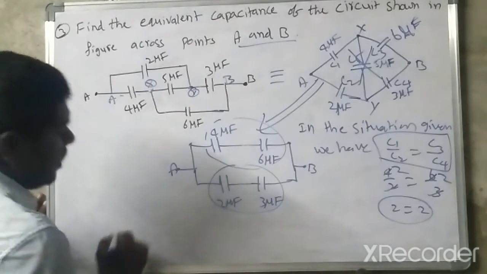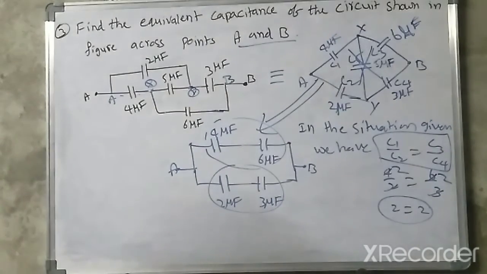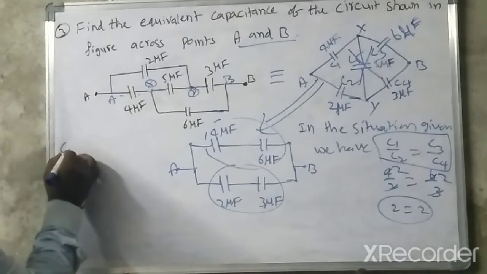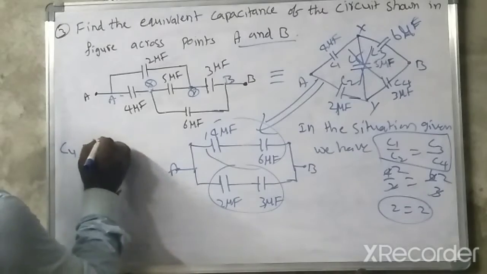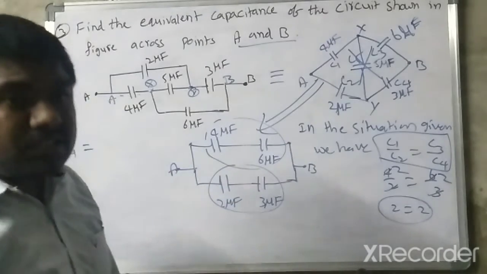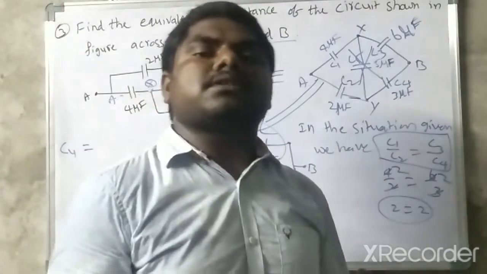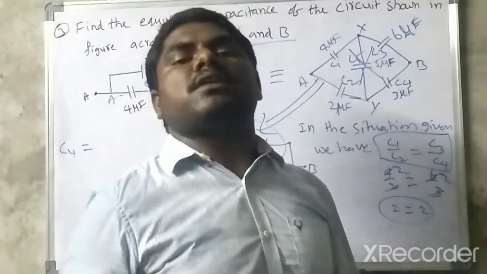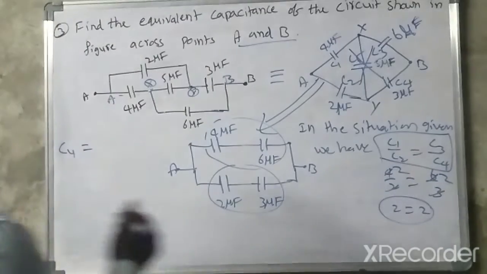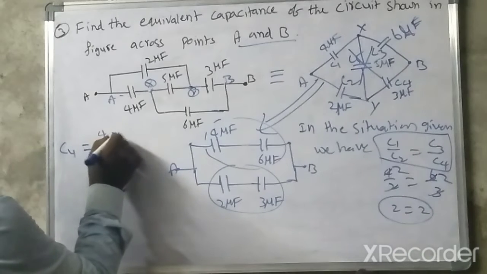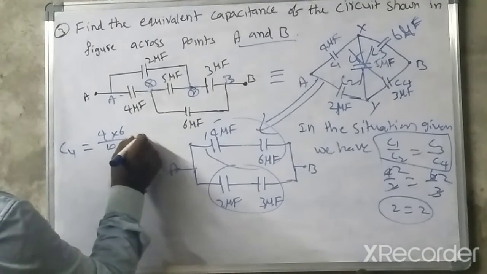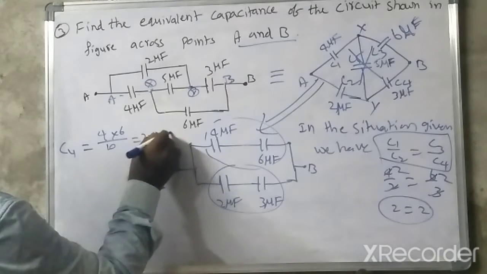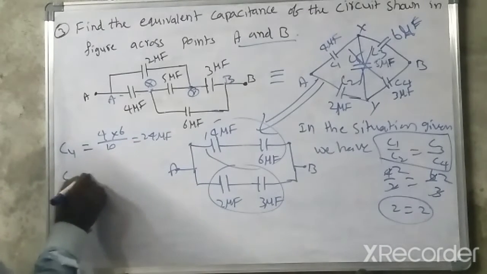So C equivalent upper. Upper means the upper branch, where these two are in series connection. Whenever two capacitors are connected in series, it is C1 C2 by C1 plus C2. So here C1 is 4, C2 is 6, divided by 10, which is equal to 2.4 microfarad. Similarly C lower.